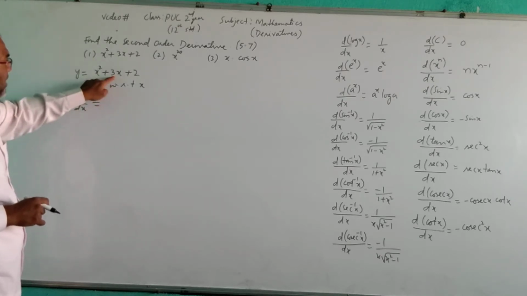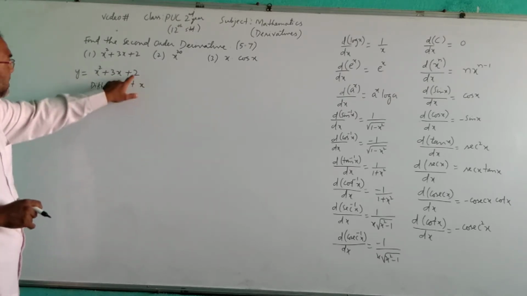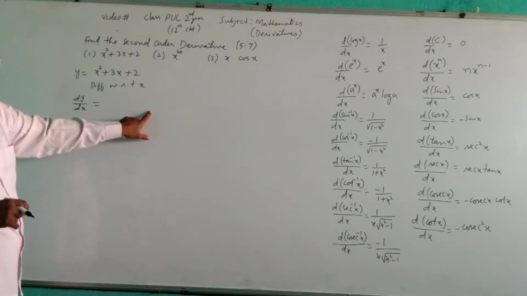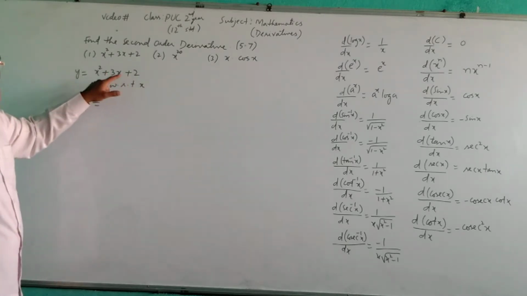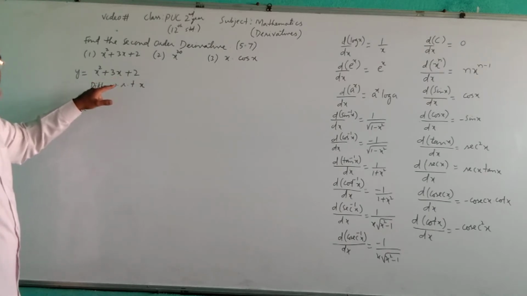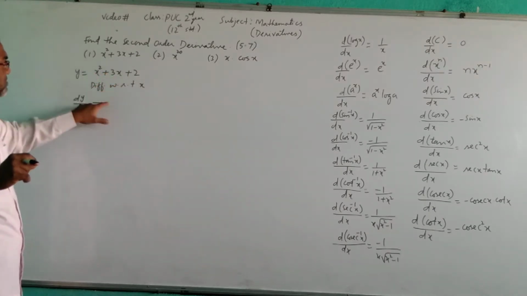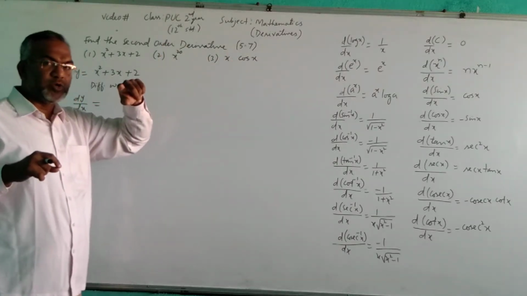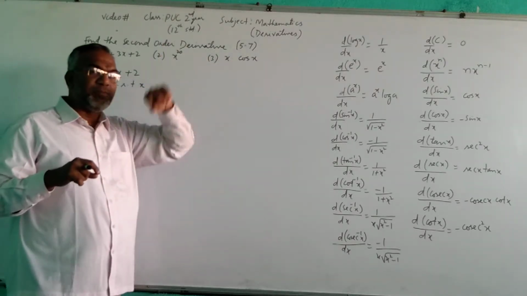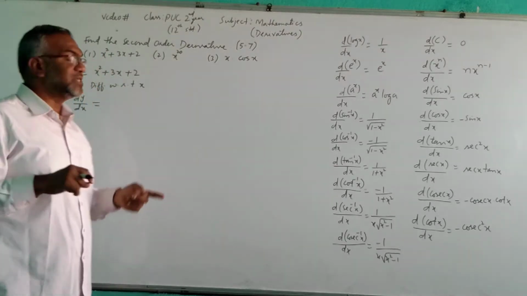We will differentiate x square, plus we will differentiate 3x, plus we will differentiate 2, right? Because they are separated by plus. When terms are separated by plus or minus sign, you can differentiate them separately. But if there is multiplication, we have to apply product rule. When there is division, we have to apply quotient rule, that we will discuss.